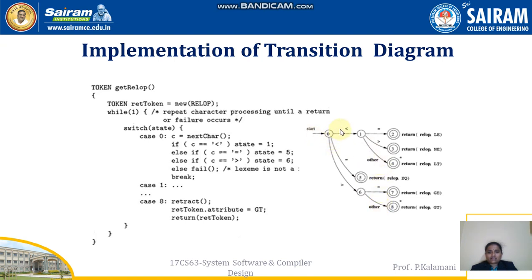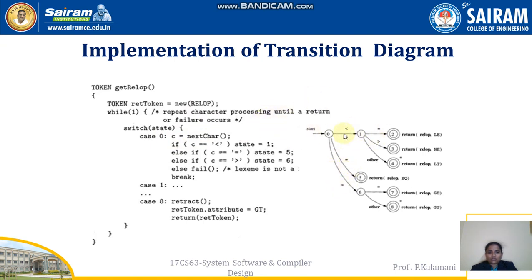Then in each state it reads some input. For example, in case 0 it will read a character. It reads one of three characters: less than, equal to, or greater than. Using the next char function we read that and store it in C, so C equals next char. Now C may be less than, equal to or greater than.